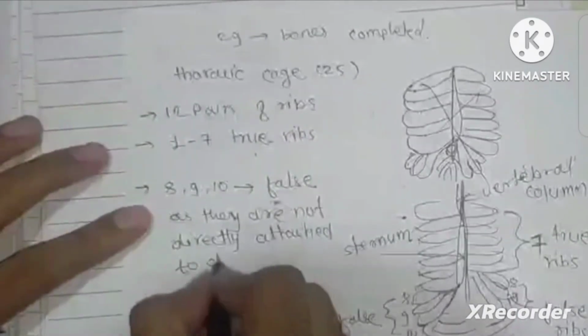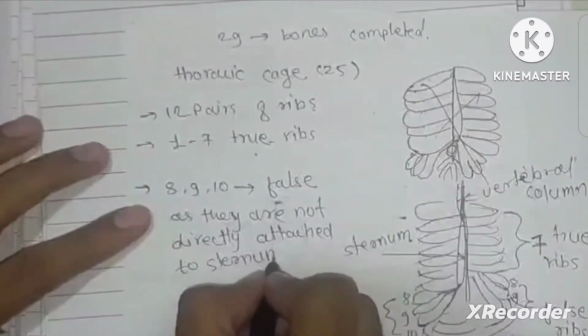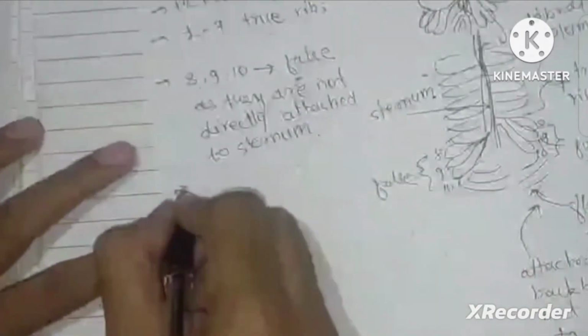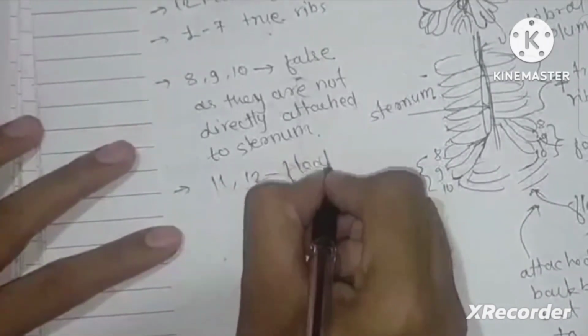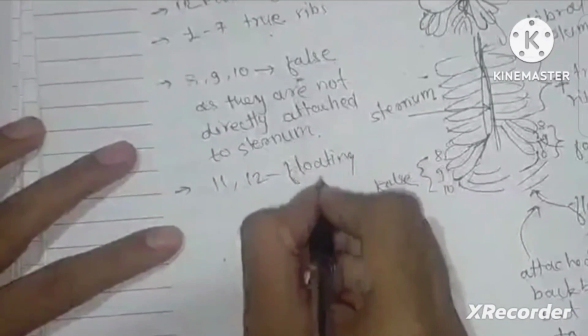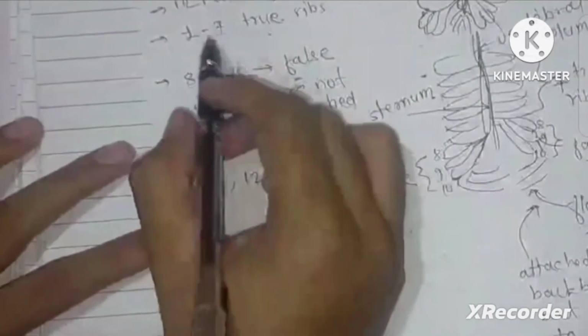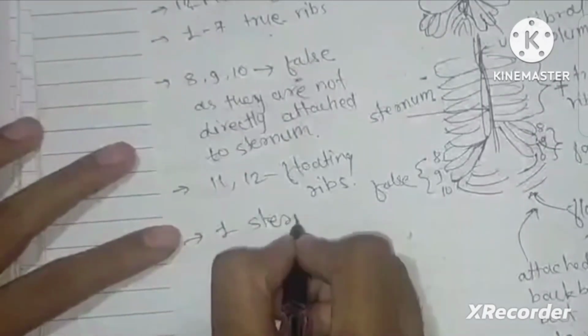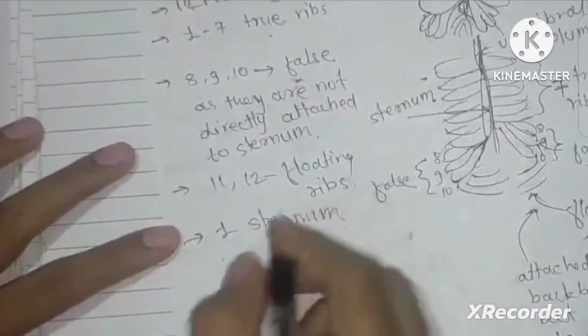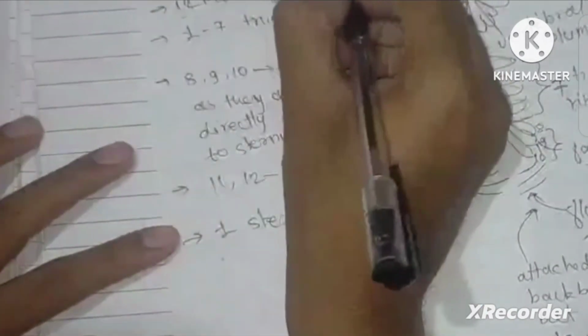They are attached to the 7th rib, which is attached to the sternum. Hence they are known as false ribs. 11 and 12 floating ribs. Total 24 and 1 sternum. These are 25 bones in the thoracic cage.